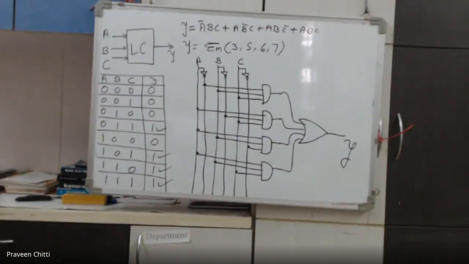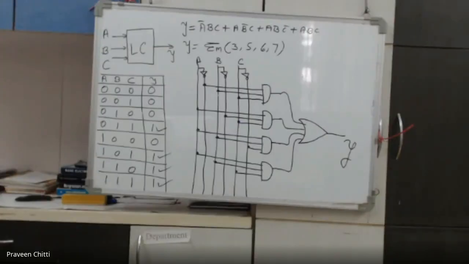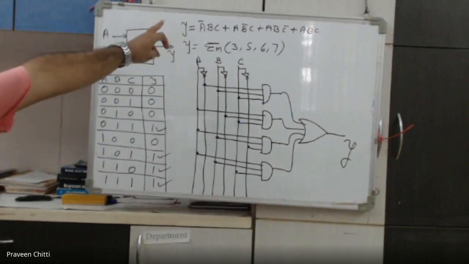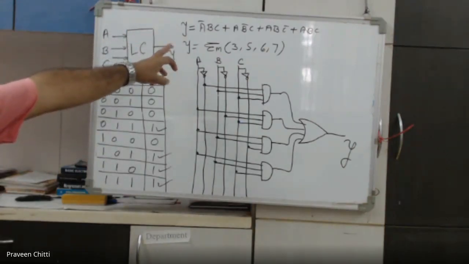I hope all of you understood this design. If you have any difficulty or doubts, you can ask me. This is the conventional way of designing a logic circuit based on the given statement. We converted the statement into a block diagram, then got the truth table, then the SOP and canonical SOP equation.